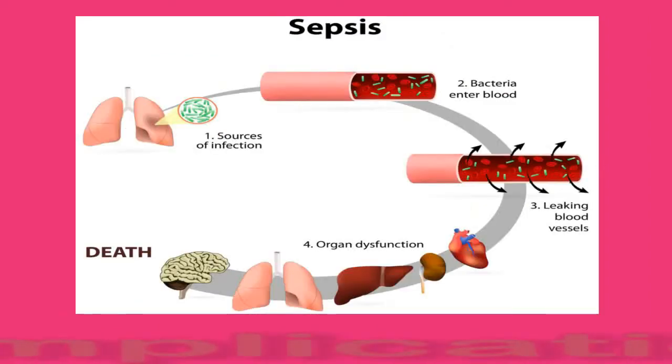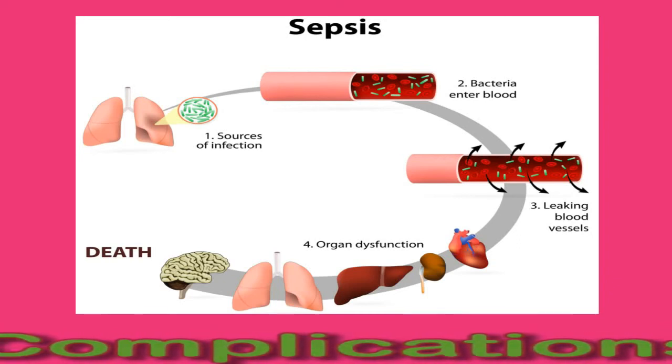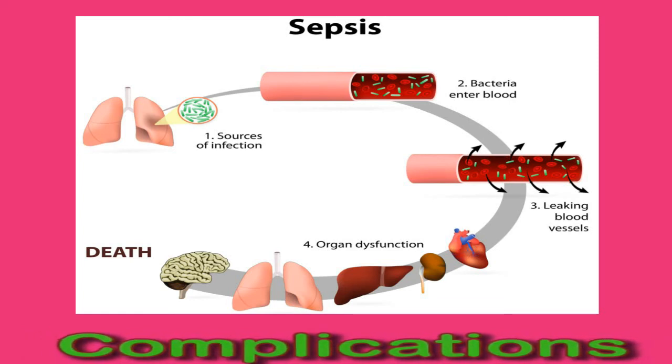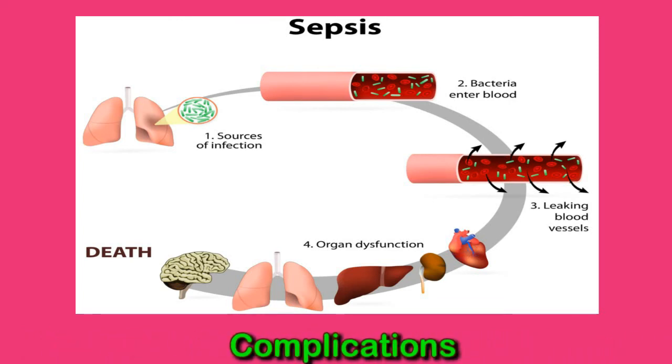Complications. If people do not receive treatment early enough or in sufficient doses, there is a risk that infectious arthritis can cause permanent damage to the tissues and bones in the joint. Without any treatment, it can also cause a severe blood infection called sepsis, which can be fatal.